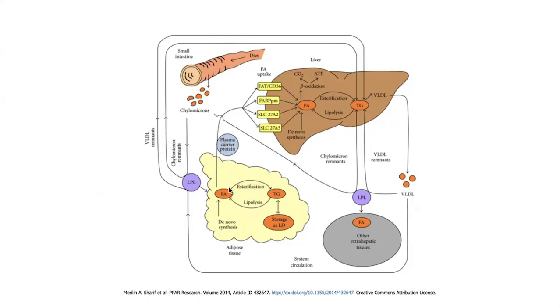So they need a way to break down those intracellular TAGs, and so does your liver, whether it's TAGs they made themselves from scratch or by piecing the fatty acids back together. In either case, they need to be able to break down those TAGs intracellularly.